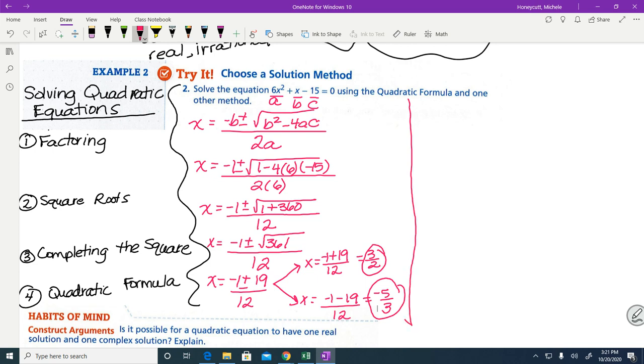Now, we're supposed to solve that same equation using one other method. So here are the methods that we've done so far: factoring, square roots, completing the square, and quadratic formula. The nice thing about factoring is that it is quick, but it doesn't always work, because not everything factors.